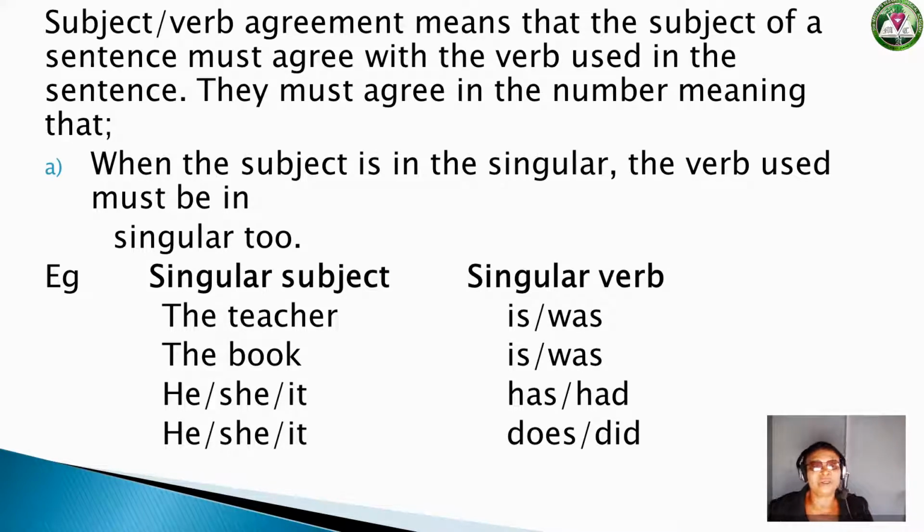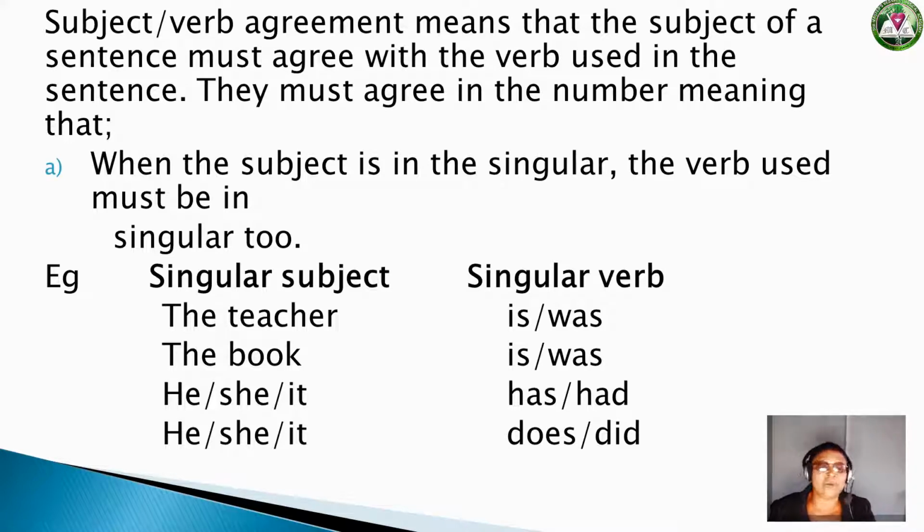Example: the teacher is, then you complete your statement. Or if the action is in the past, the singular verb to be used is: the teacher was.